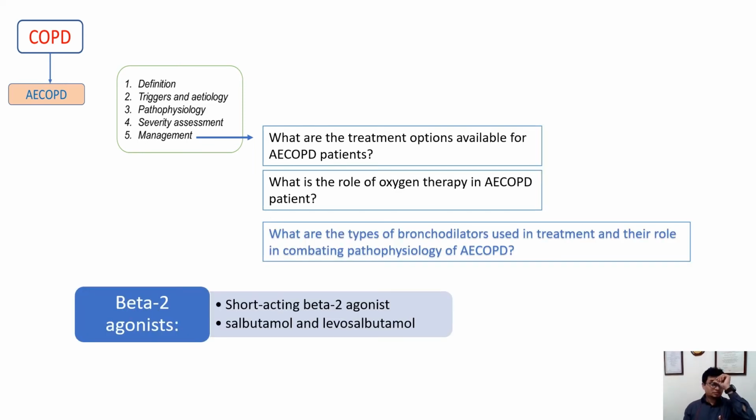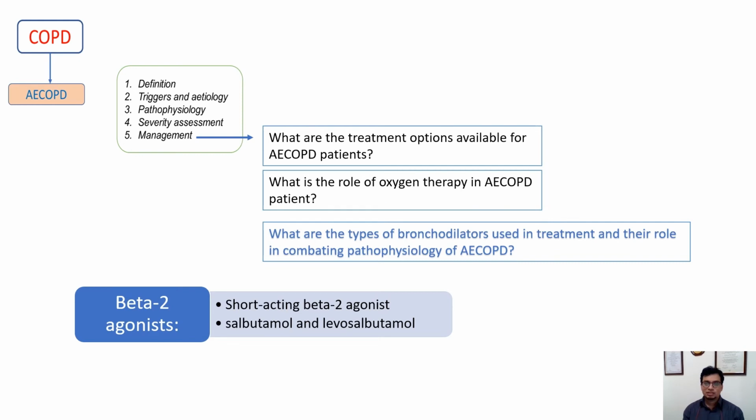Then what are the types of bronchodilators used in the treatment, and what is their role in combating the pathophysiology of ACOPD? Acute exacerbations are due to bronchospasm, and these are reversed by bronchodilators, especially beta 2 agonists. There are only two types of bronchodilators based on two specific receptors on the airway epithelium: beta 2 agonists and anticholinergics.